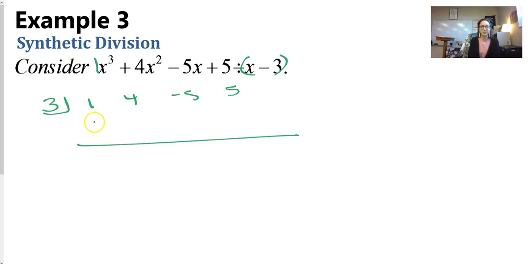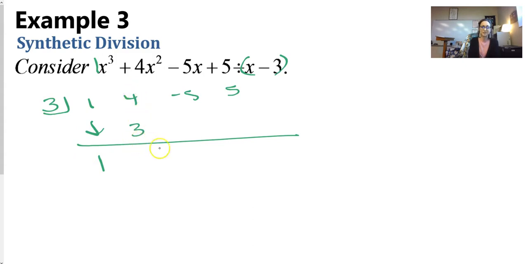Okay, so now you can leave a blank row basically, and then our first step is to bring down this 1. Now we're just going to multiply and add it to fill in the rest of this. All right, so multiply the 3 to the 1, you're going to have 3.